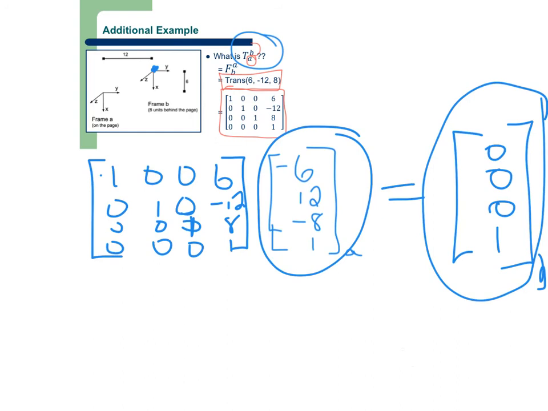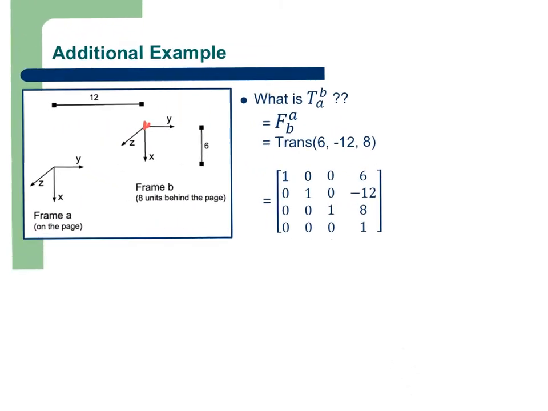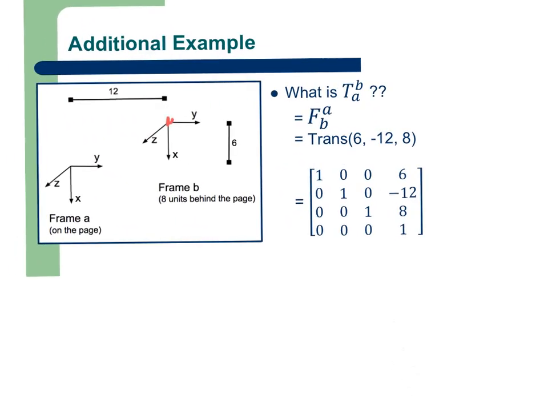I'm going to erase this stuff so we can do one more example. You're going to have to bear with me because I can't get rid of that red dot there. But let's just pick one more arbitrary point and see that it works. I mean, proof by example is not exactly the best form of proof, but it often convinces students. So let's take a point that's easy to find its location in A coordinates. How about we take this point right here, which is just 6 units along there.